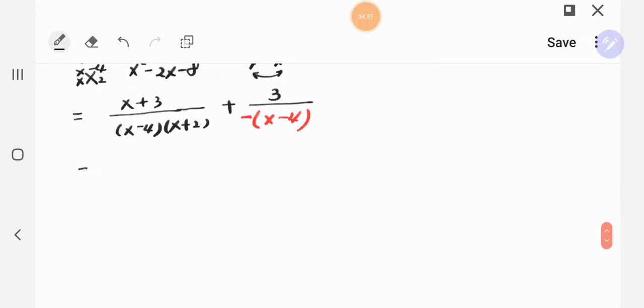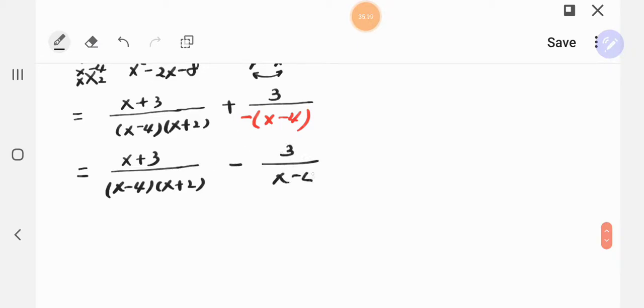Then if you rewrite it, x plus 3 over x minus 4, x plus 2. And then this negative sign moves to the front, so it becomes minus, and then x minus 4. So we know that the LCD is the product of x minus 4 and x plus 2.